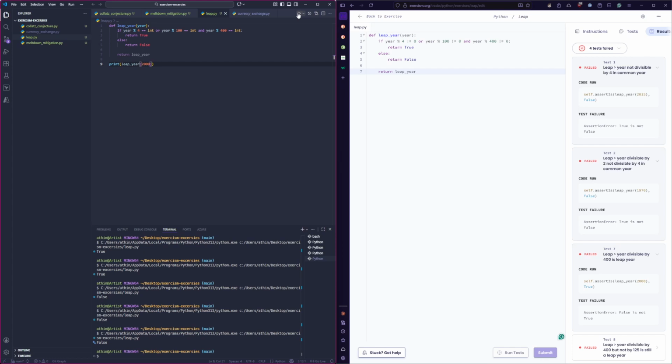What am I missing? Oh my gosh. How is this not an int?